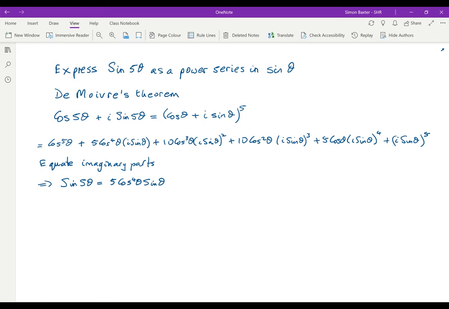This part here, the I squared becomes minus 1, that's real. This one, the I cubed, becomes minus I. So my imaginary part here is minus 10 cos squared sine cubed.